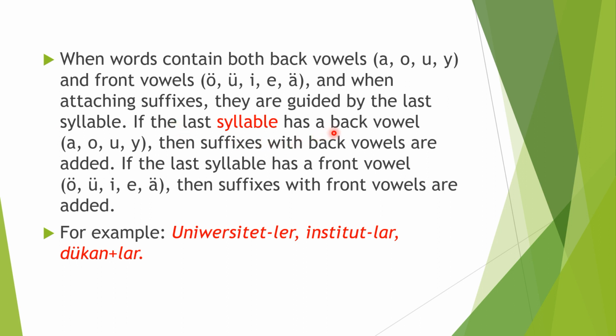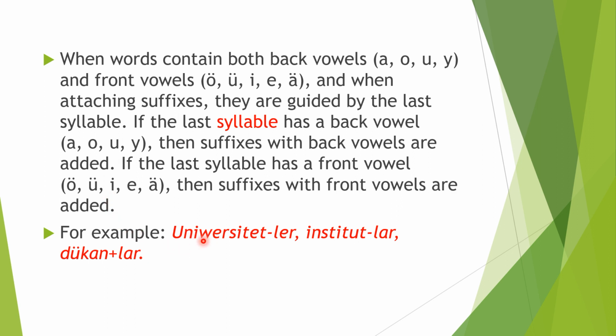If the last syllable has a back vowel, then we add the suffix which contains a back vowel. If the last vowel is a front vowel, then suffixes with front vowels are added.